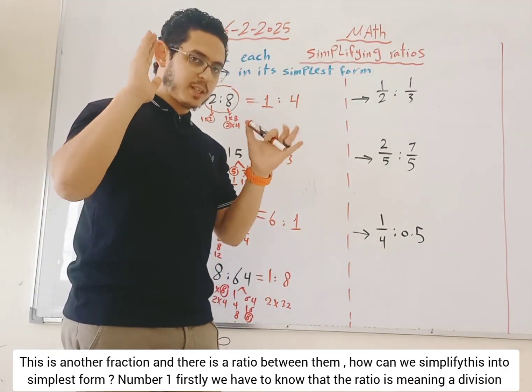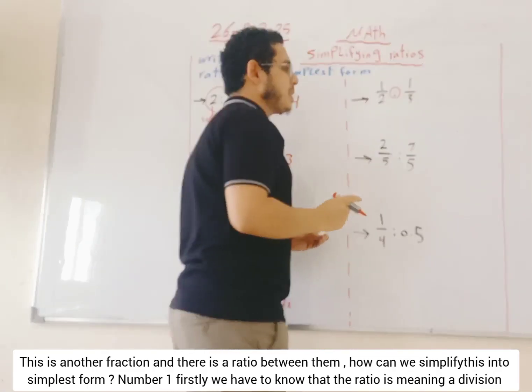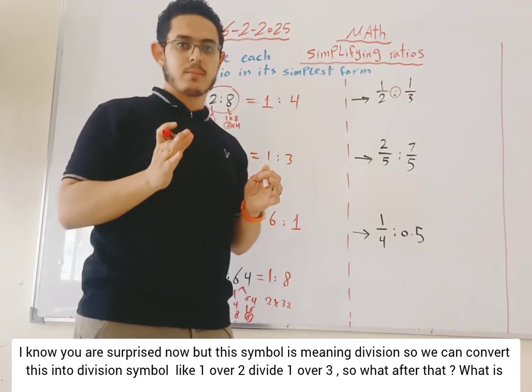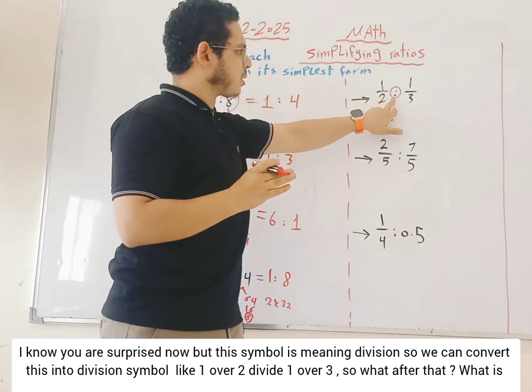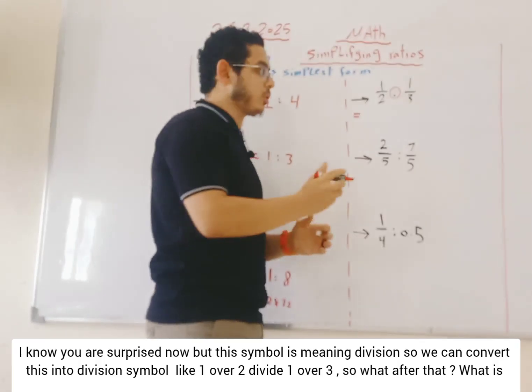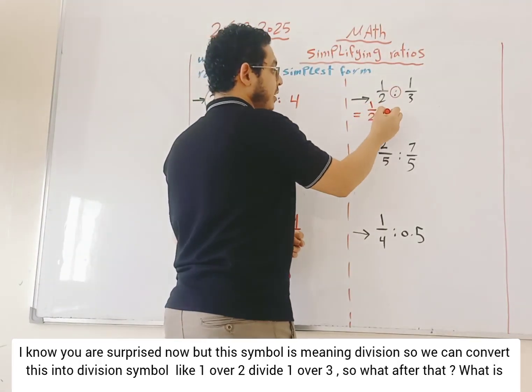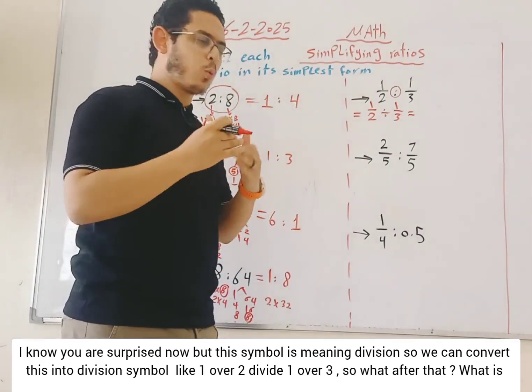Firstly, we have to know that the ratio means a division. I know you are surprised now, but this symbol means division, so you can convert this into a division symbol, like 1 over 2 divided by 1 over 3. And so what? What after that?